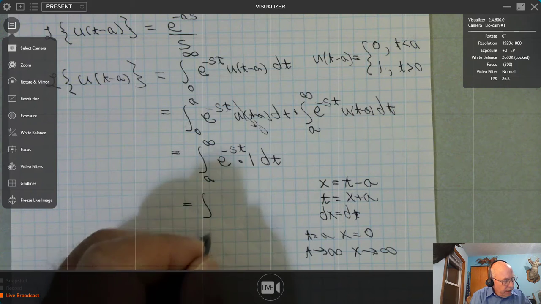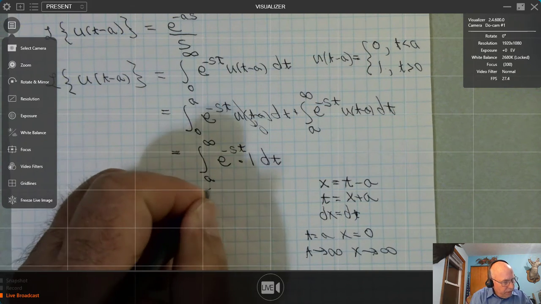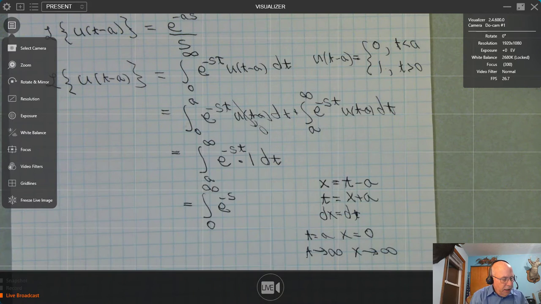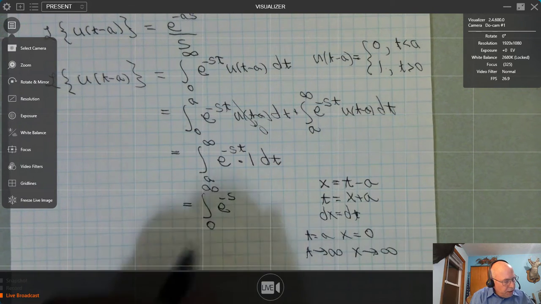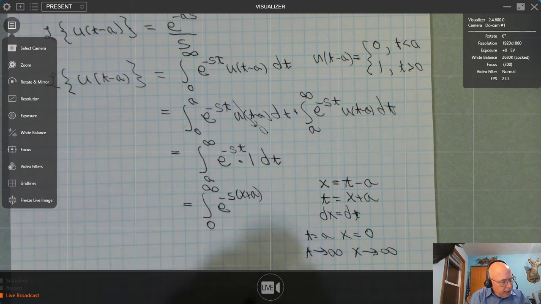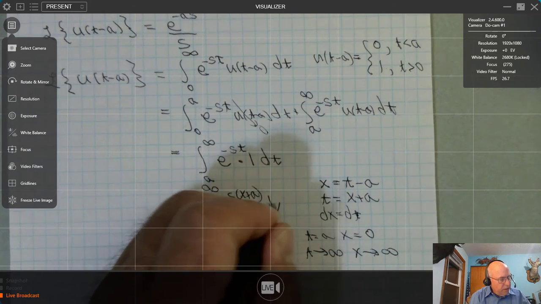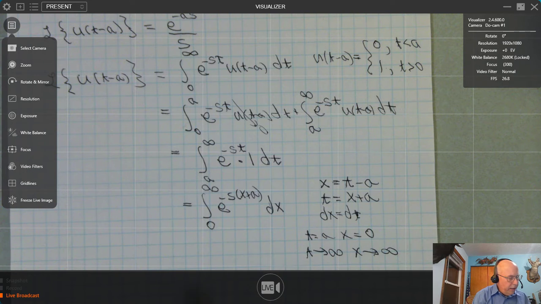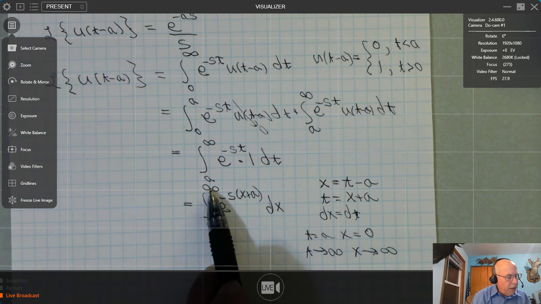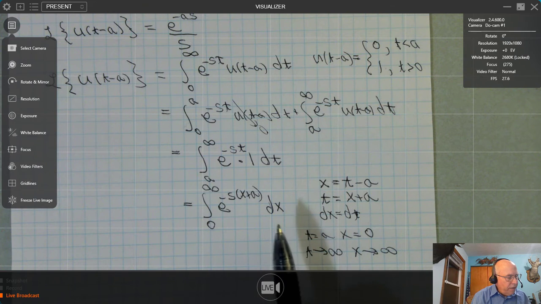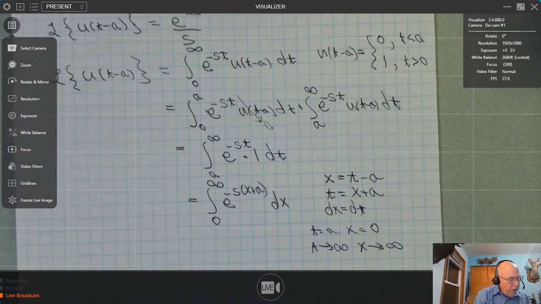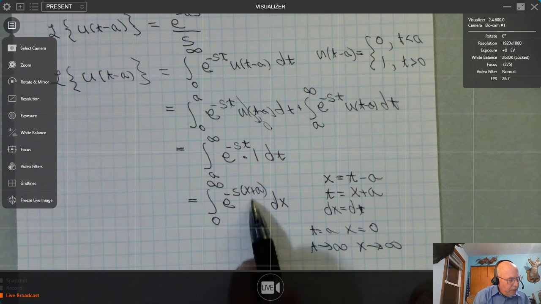So this is the integral from 0 to infinity, e to the minus s times t. But t is x plus a. And dx and dt are equal. So we now have an integral from 0 to infinity, just like we want for our definition of the Laplace transform, and we just have to figure out how to evaluate this.